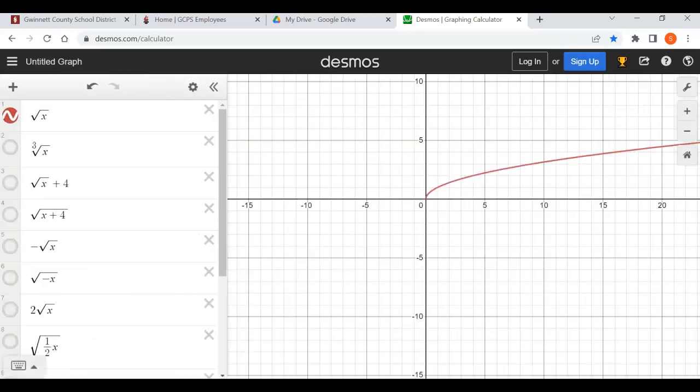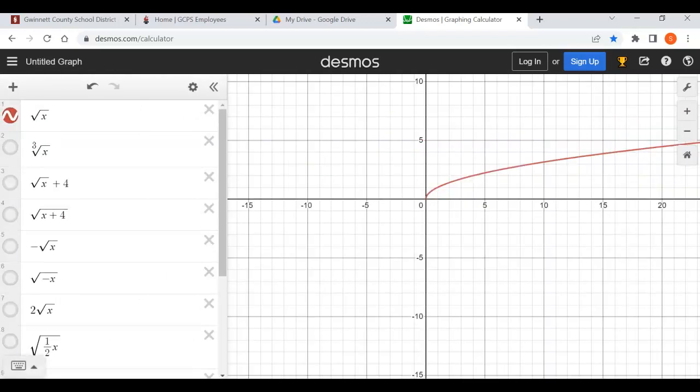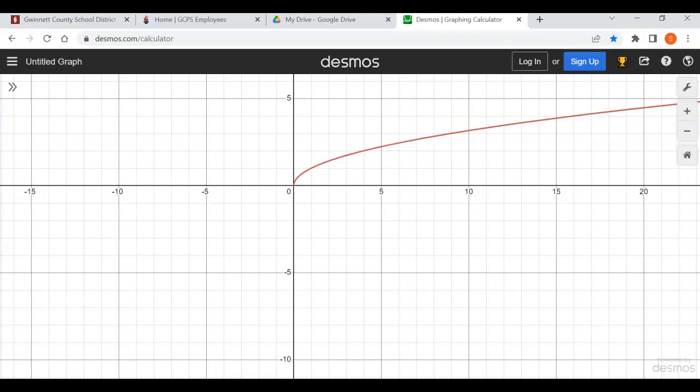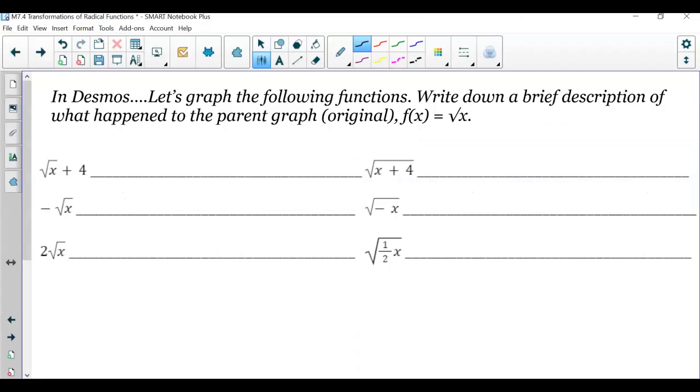Now I've already done all of it, but do it one at a time, so that you see the two graphs at the same time. Go ahead and pause the video and then record or write down what are the things that you notice, what happened to the original graph, and then let's see what you get.